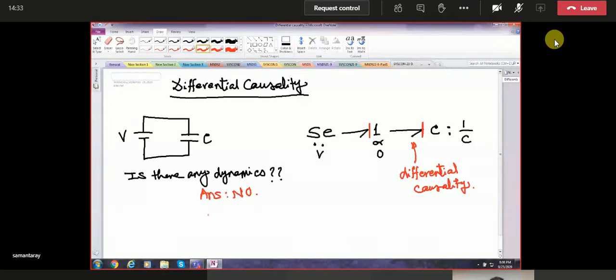Okay, let's see from the energy point. Let the final charge be Q. So what you have, e is equal to Q by C. What is the energy stored in the capacitor?